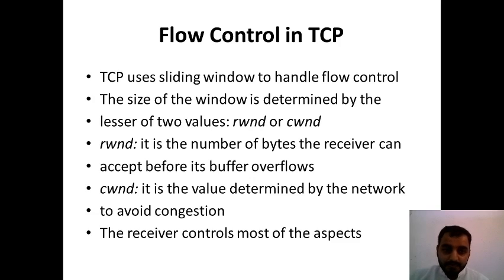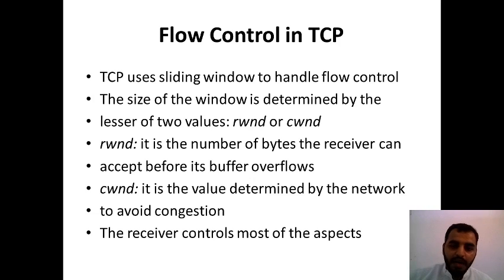In the same way, here RWND is the number of bytes that the receiver can accept before its buffer overflows. Buffer overflow means there is some limited size into which the data will be sent. Before it overflows, it will stop, or it will analyze the number of bytes the receiver can accept before overflowing.